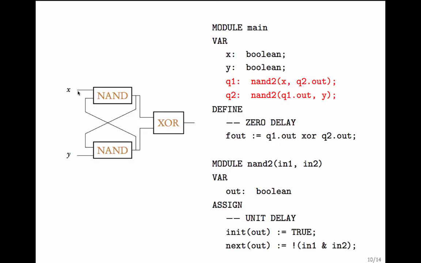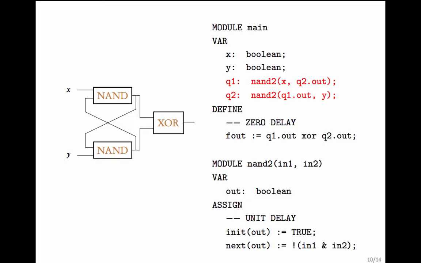There are two inputs X and Y which are of the Boolean type. There is a variable of type NAND2 which takes as input X and Q2.out. There is another NAND variable Q2 which takes as input Q1.out and Y.